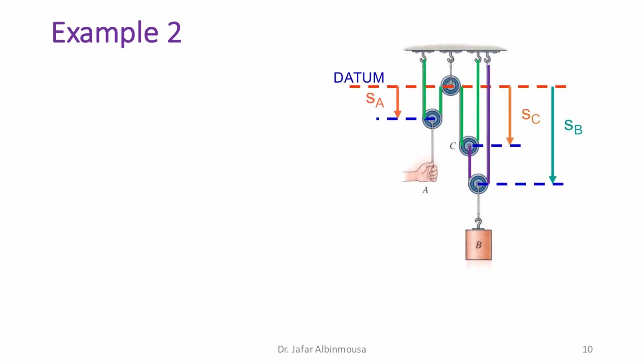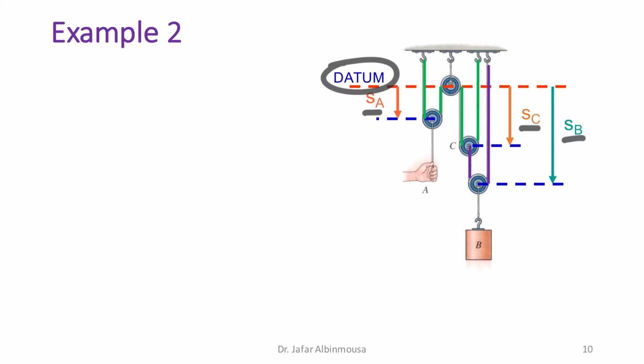Now, after establishing the lengths as I did in the previous slide, this is SB, this is SC, this is SA, and this is the datum. What I need to do now is to write the chord equations, but we actually have two of them, which are already marked here as purple and green.